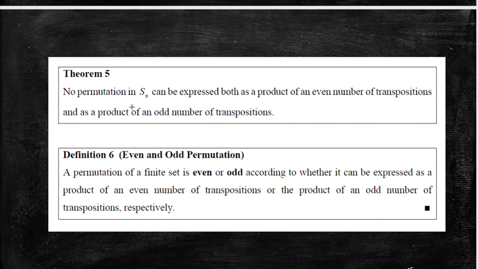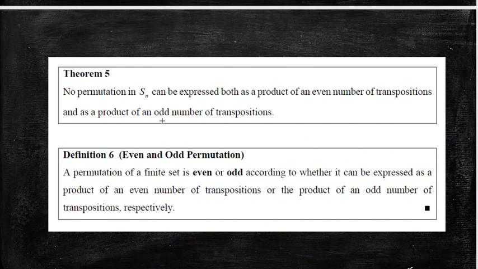Based on theorem 5, a permutation can be expressed as a product of an even or odd number of transpositions. We can express it in an even or odd number. If it is 2, that means the number of transpositions is even.